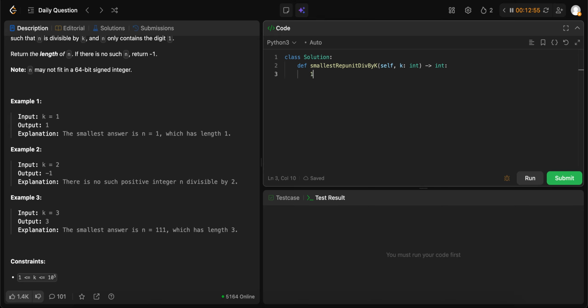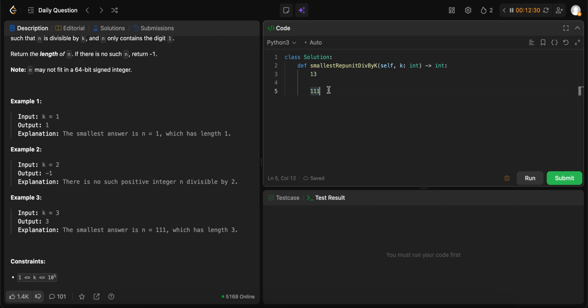Let's do 14. Wait, okay, observation. It always ends in 1, so the number has to be odd. We can't do 14. We could do 15. Now let's do 13.